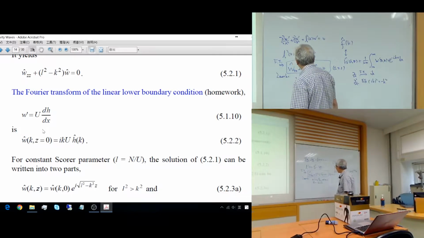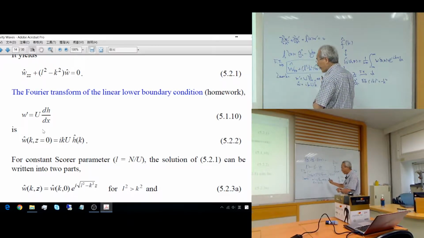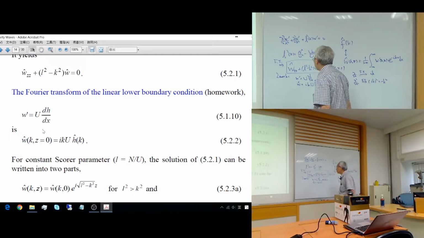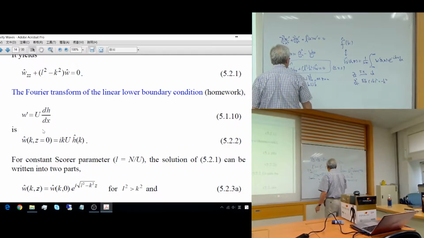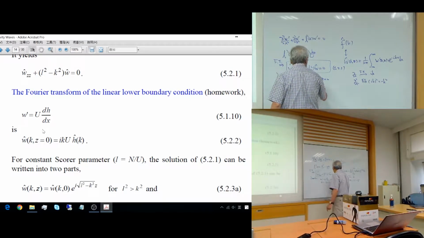So h is a function of x, right? So now h hat will be a function of k, at z equals 0. That's the lower boundary condition.